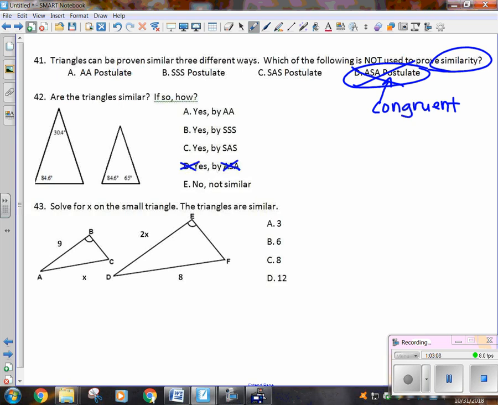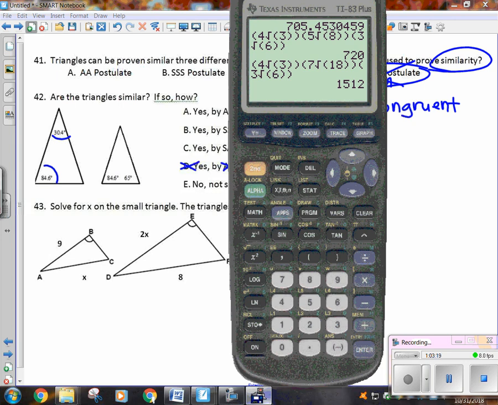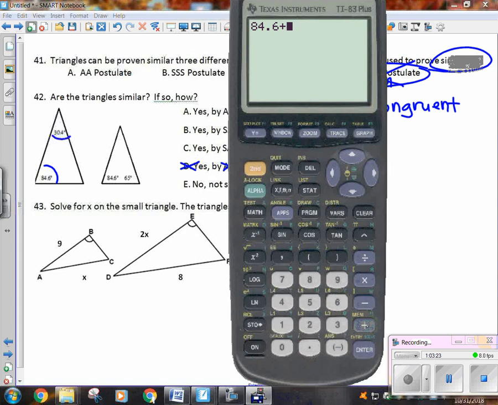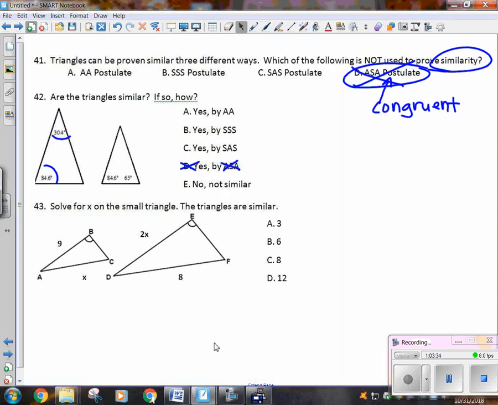How many degrees are in a triangle? 180. So if I take 84.6 plus 30.4 and I add those, 84.6 plus 30.4 added is 115. Now, if I take and subtract that from 180, my angle should be 65.